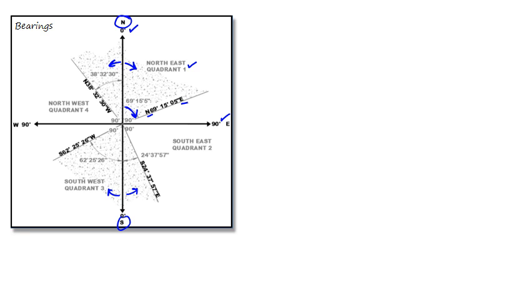The second quadrant is going to be associated with the southeast quadrant. I'm measuring this angle here off of the south line, and it's 24 degrees, 37 minutes, and 57 seconds. So this angle is being read as I am traveling south 24 degrees, 37 minutes, 57 seconds east.